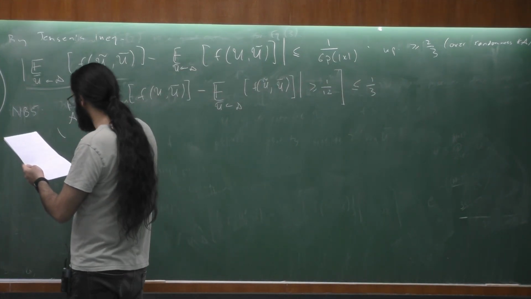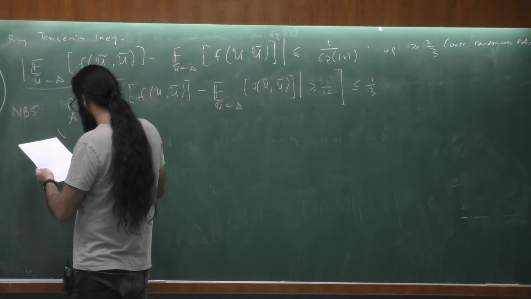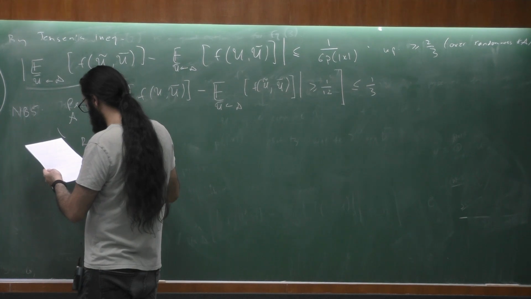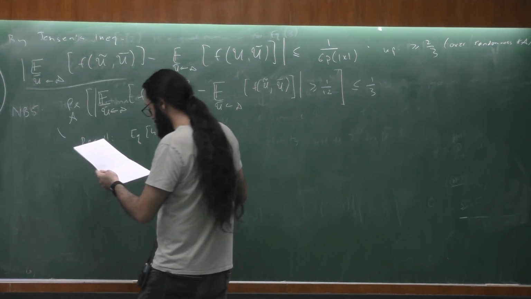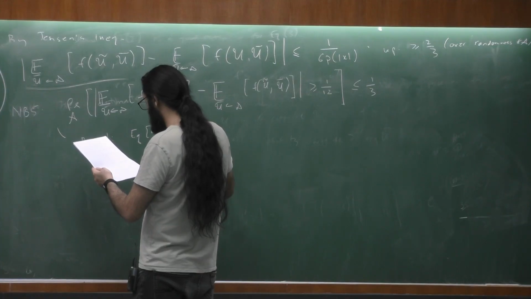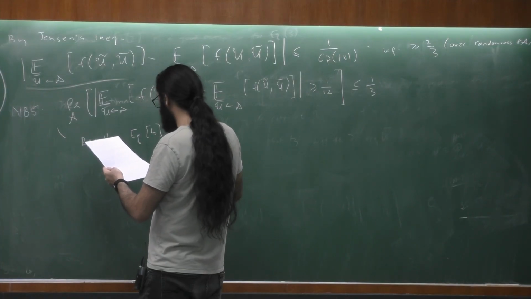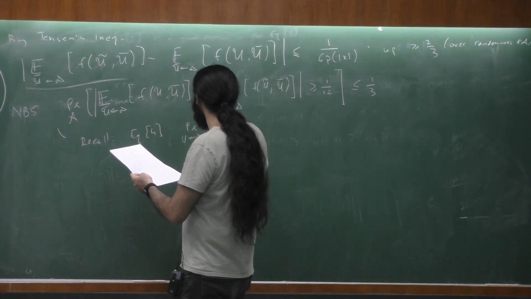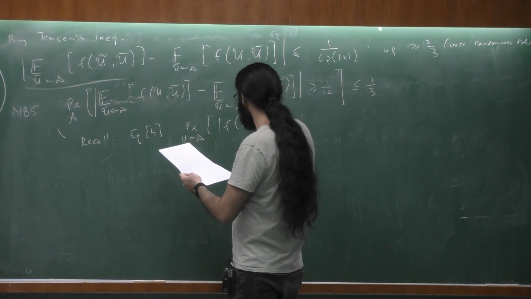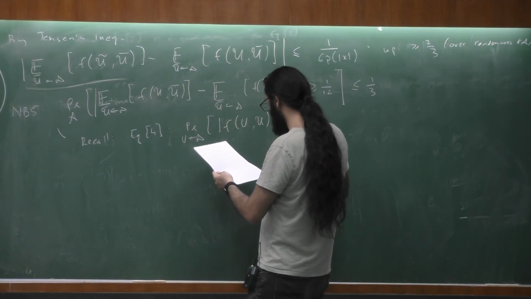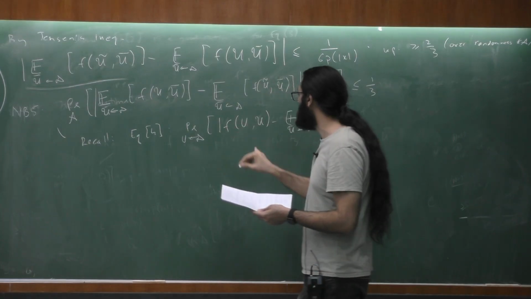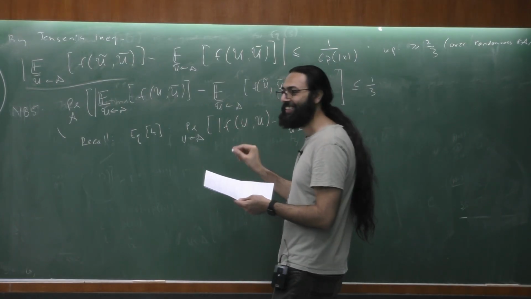So for this we have to recall a few things. We recall equation 4, which said that the probability over u from T of mod f_u(u) minus expectation over f_u(u bar) mod is at least 1/12. This is the one that we had some trouble with, so let's see if it actually goes through this time.